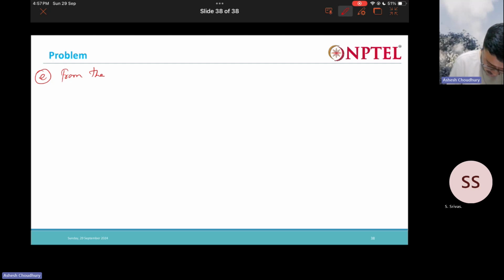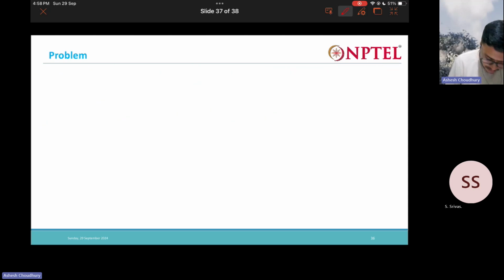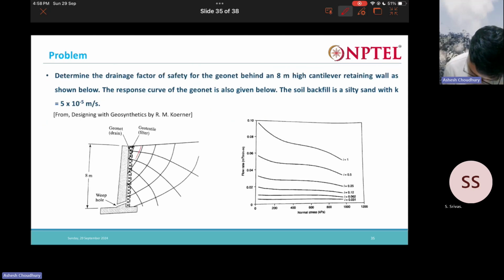Now from the given response curve, for gradient i equal to 1 and normal stress 72 kPa, we get approximately something around this region.